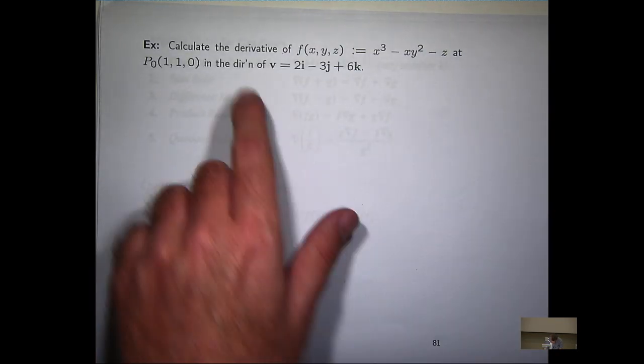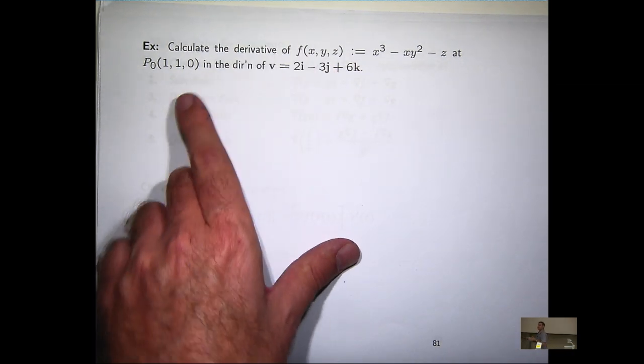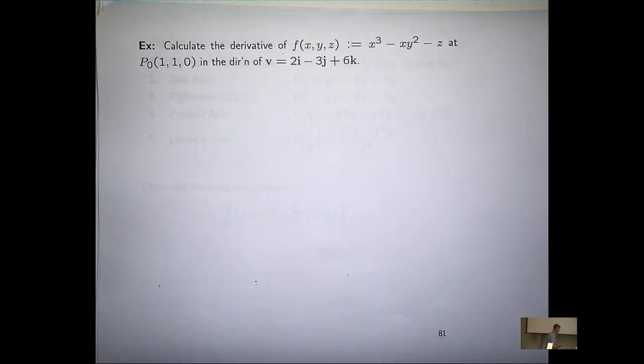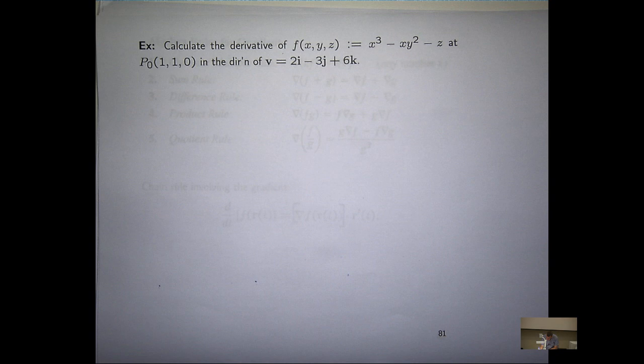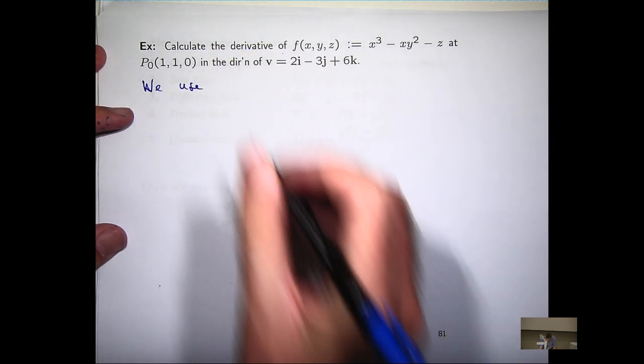Okay, calculate the directional derivative. When we say derivative here, we mean directional derivative of this function at this point in this direction. Okay, so nothing super special about this example. Again, we use the dot product.